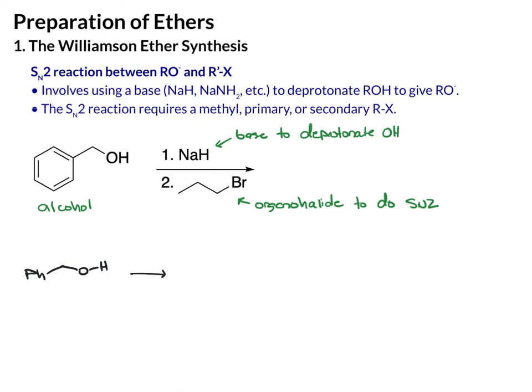So what happens if we take sodium hydride, let's break that apart into Na plus and H minus. So it's actually the hydride, H minus, which acts as our base here. This will come and take this proton off of the oxygen.